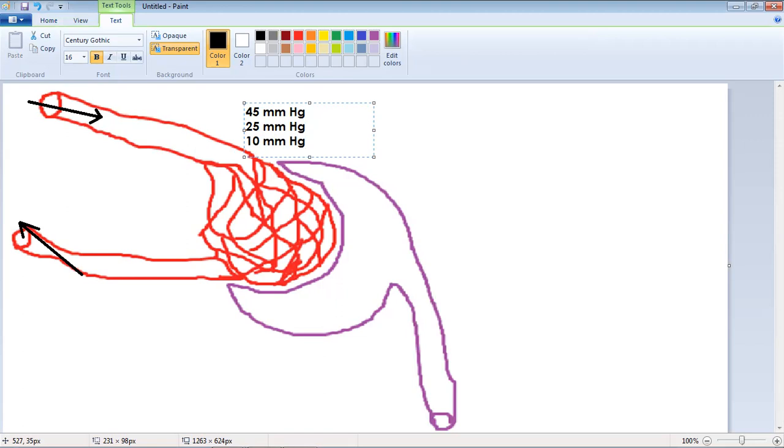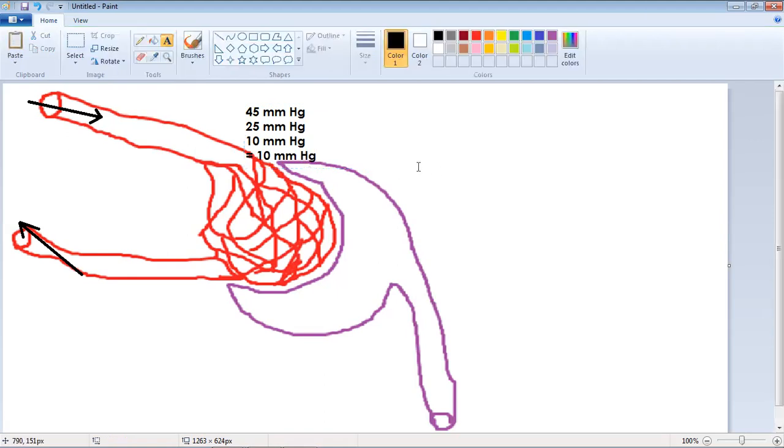So if we do the modified Starling's calculation, 45 minus 25 minus 10 is equal to 10 millimeter of mercury. So this is the net filtration pressure here, or effective filtration pressure here, that is 10 millimeter of mercury.